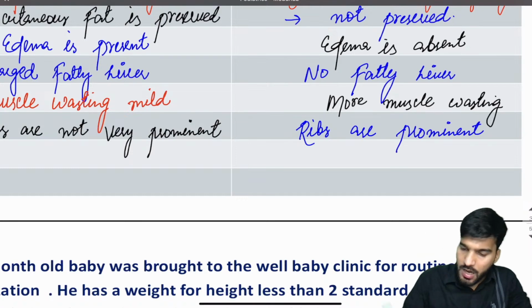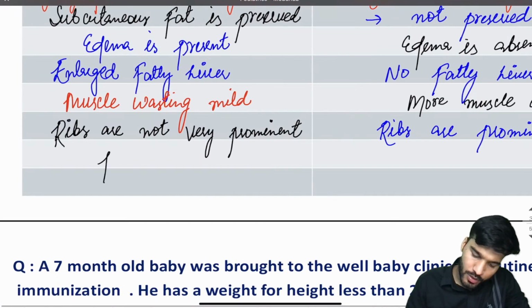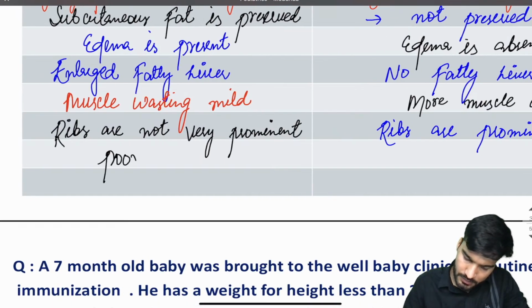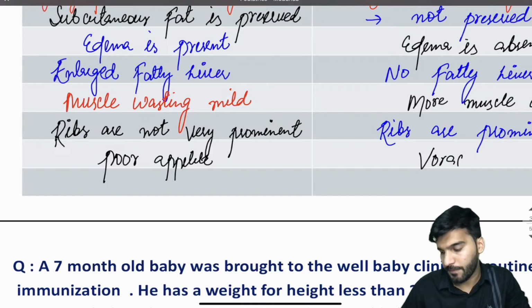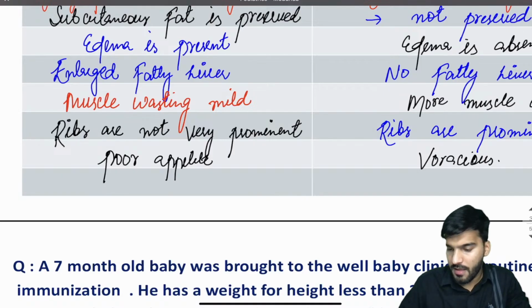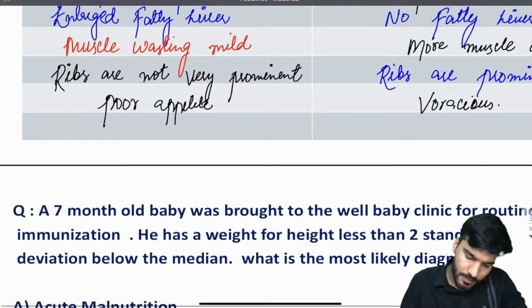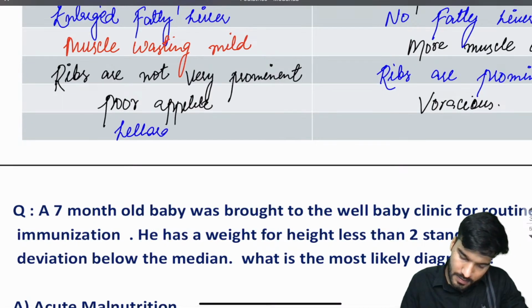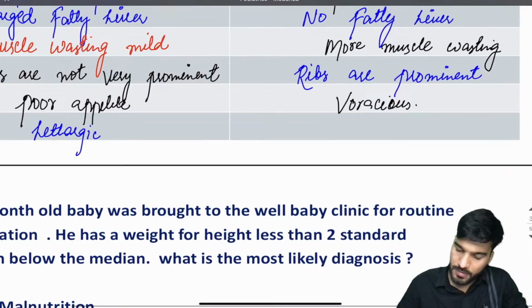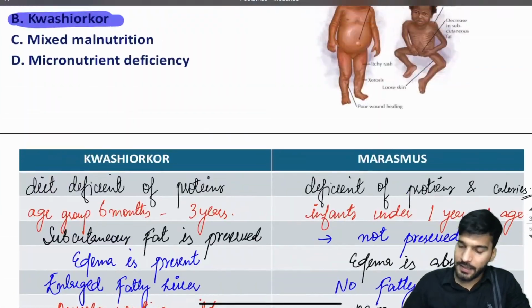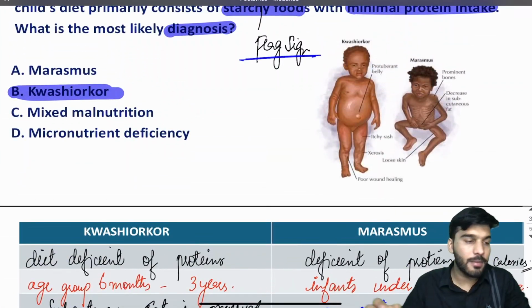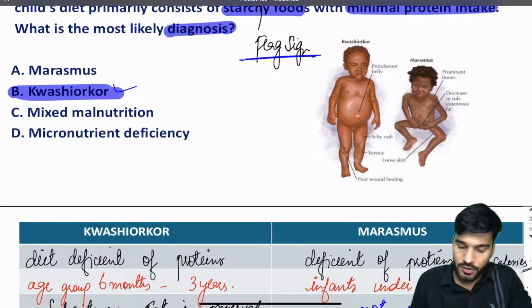Kwashiorkor has poor appetite, while marasmus has a voracious feeder. The last one, guys: the baby is lethargic in Kwashiorkor, while in marasmus the baby is alert or active. And the flag sign, depigmented hair, is seen in Kwashiorkor.